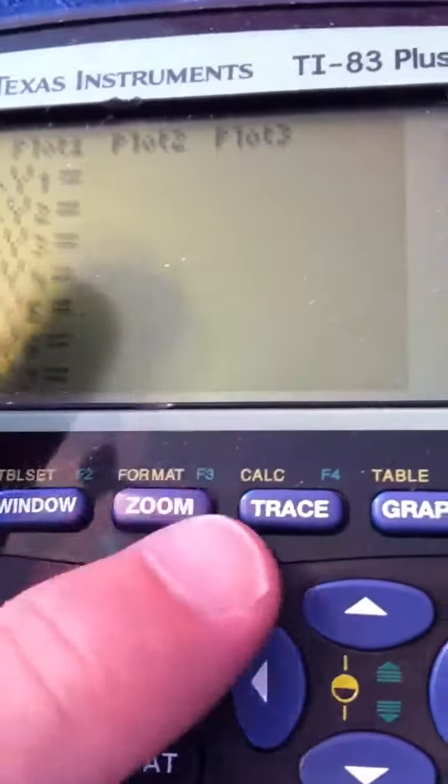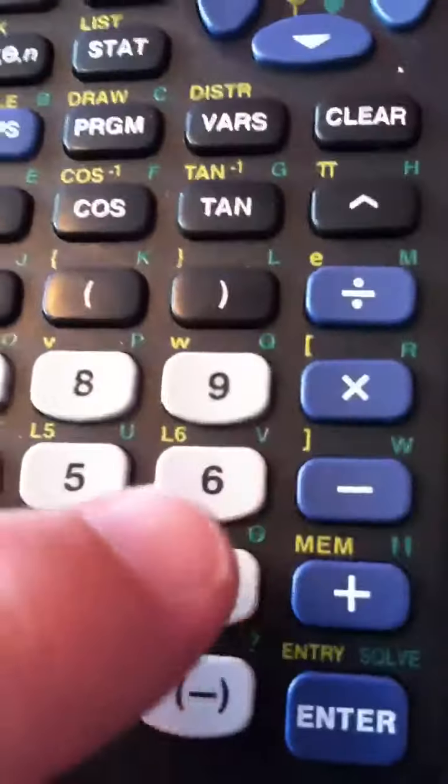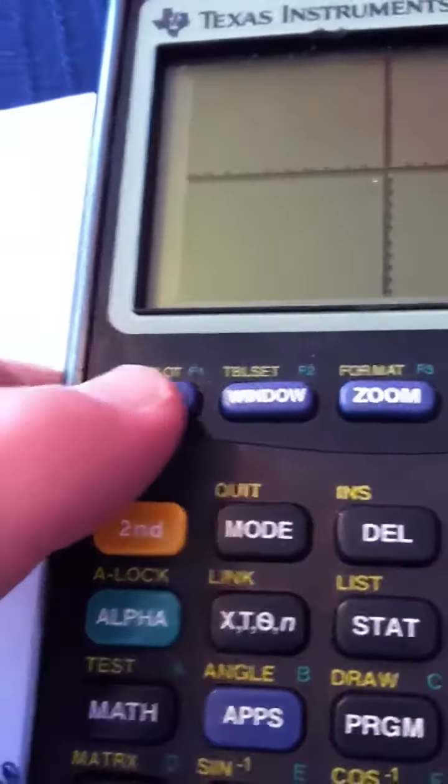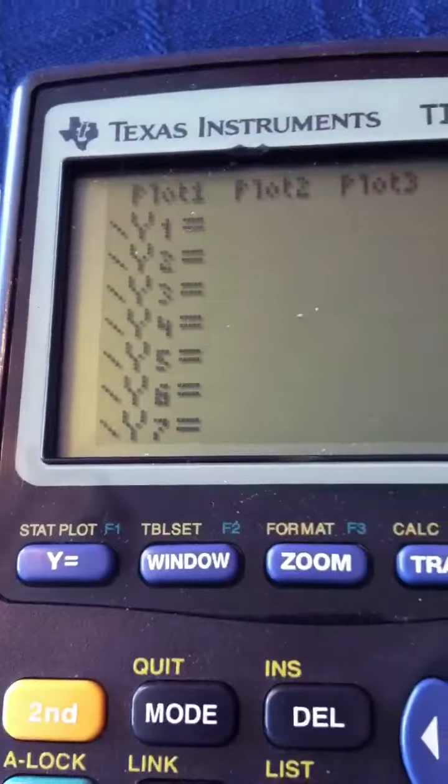Okay, on. And I'm going to hit zoom 6, standard window, y equals, and I'm going to type in this function.